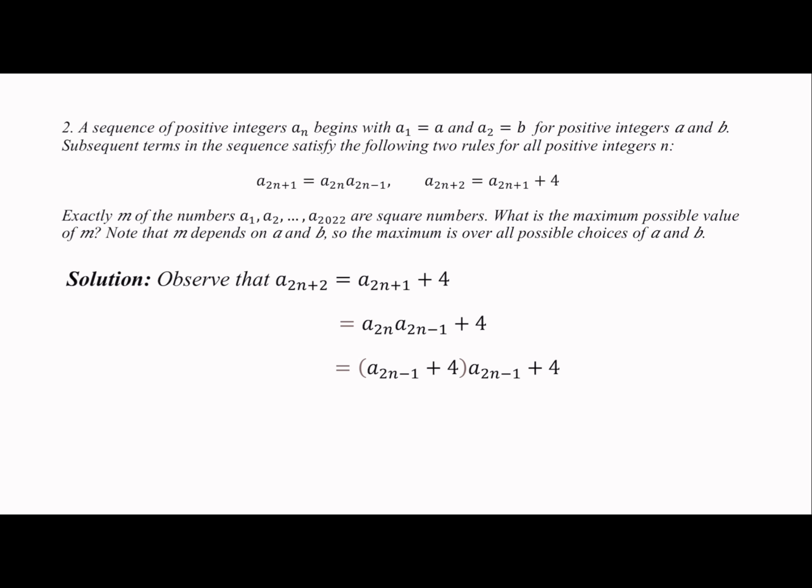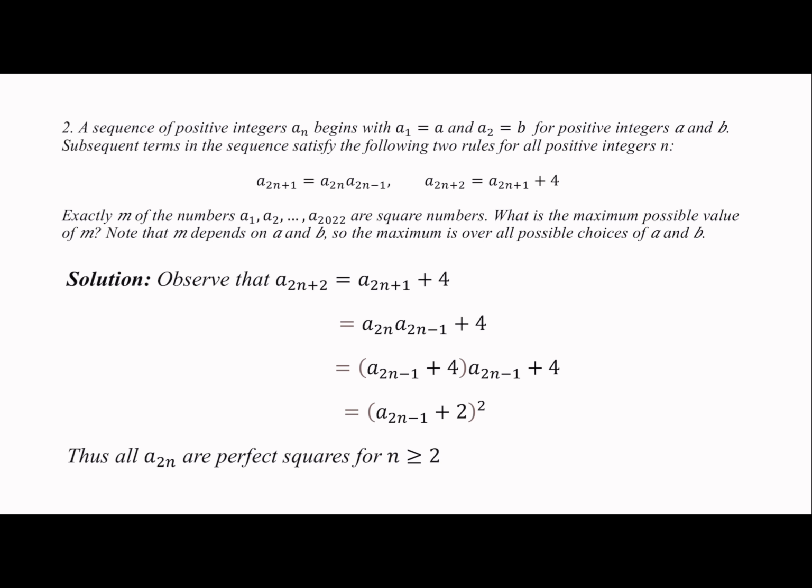If expanded, you will have a_{2n-1} squared plus 4 times a_{2n-1} plus 4, and we will have a_{2n-1} plus 2 squared, which is very interesting. So that means any a_{2n+2} with n larger or equal to 2 must be a square number. And so we can prove half of the problem.